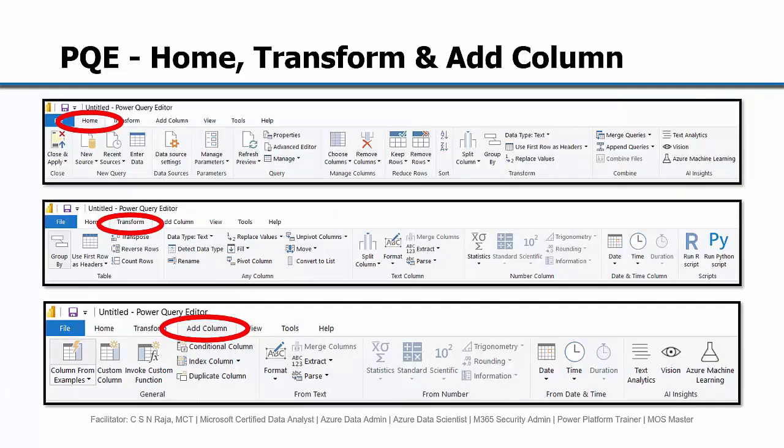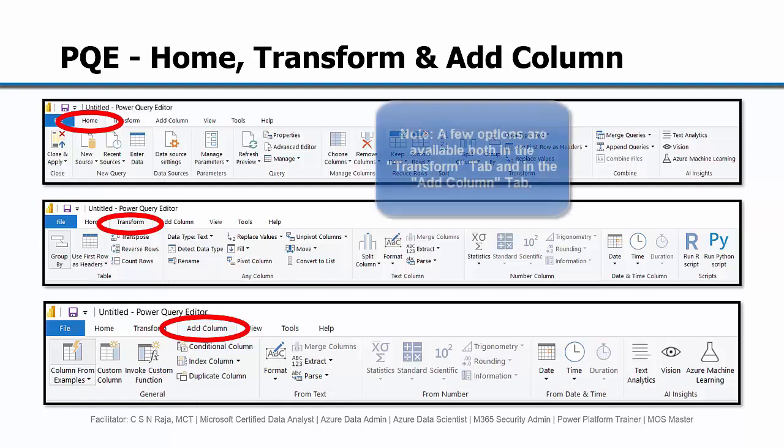If you're talking about the interface called Power Query Editor, we should be introduced with the tabs in the ribbon, the Home tab, Transform tab, and Add column tabs. When you closely monitor the Transform tab and Add column tab, you may be able to find icons that are similar in both the places. You may ask a question, Raja, why do I see the same icon in both the places?